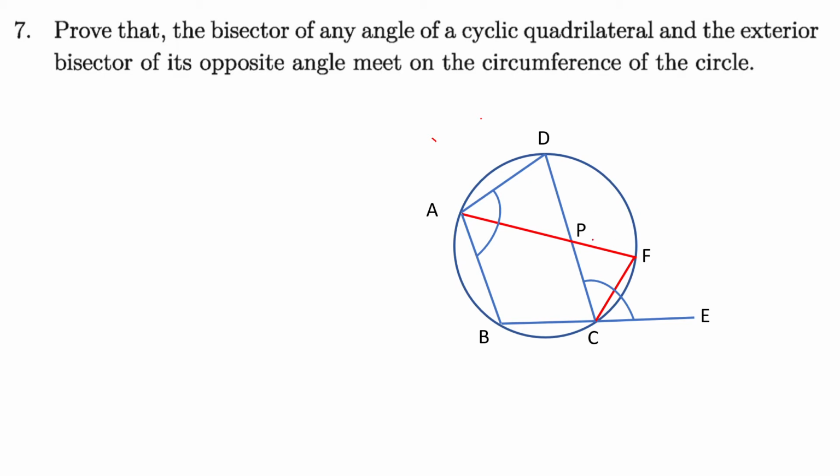That means if we prove angle BAF plus angle BCF equal to 180 degrees, and angle B plus this equal to 180 degrees, then opposite angles are supplementary. Therefore the quadrilateral is a cyclic quadrilateral.